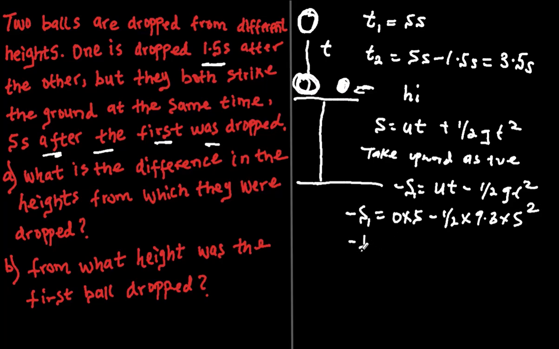So we have negative s1 equals 0 times 5, which is 0, minus half times 9.8, which is 4.9, times 5 squared, which is 25. 4.9 times 25, so s1 is going to equal negative 122.5. Right? So negative cancels negative.